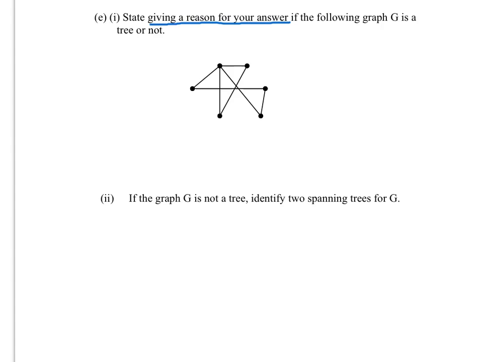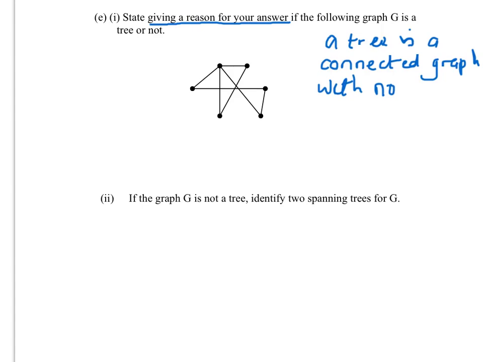So to do this question, we have to understand what a tree is. A tree is a connected graph with no cycles. So I'm going to look for two things. Is the graph connected, and does the graph have no cycles? So if we look at this graph here, what's the definition of connected?